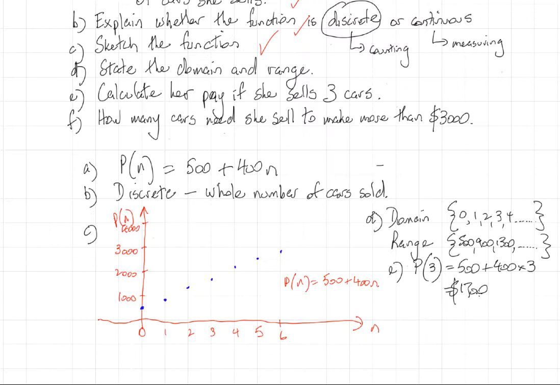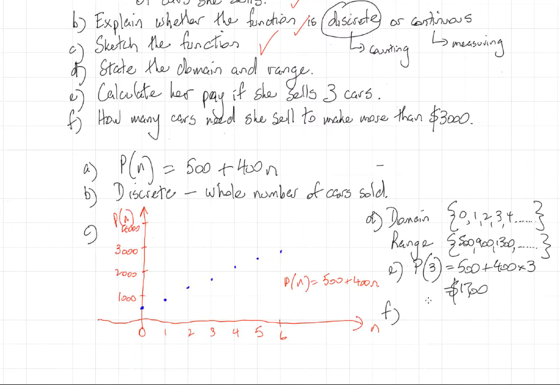And F, how many cars would she need to sell to make more than 3,000? Now, when you get a question like that, it's simply a matter of seeing what value of n will give us exactly 3,000, and that's probably going to be a decimal. So then we just always go up to the next whole number.